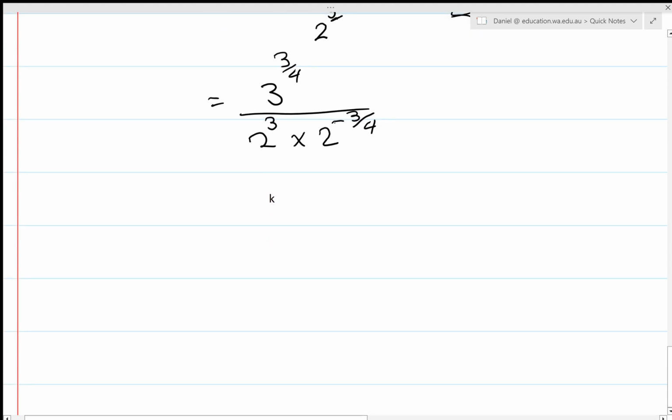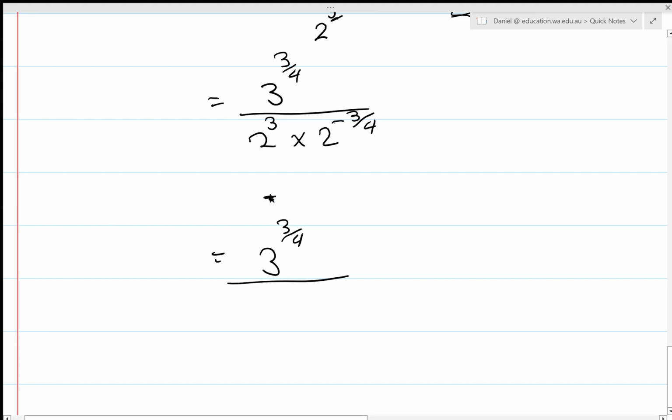Just 1 or 2 more steps now to finish this off. This equals 3 to the 3/4 over. Now I can see 3 take 3/4 is going to be 2 1/4, but we're going to do it properly, okay?